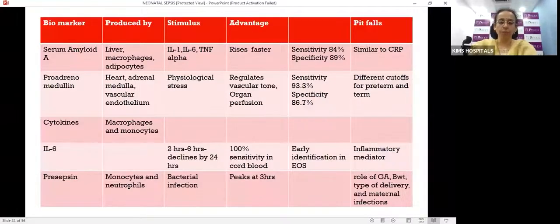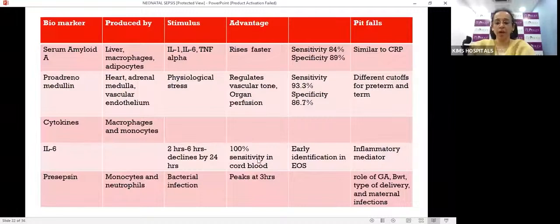And the various cytokines are also tested as biomarkers for identification of neonatal sepsis. These are produced by macrophages and monocytes. Interleukin 6 has the advantage that it rises immediately after a stimulus within 2 hours, peaks by 6 hours, and declines in 24 hours.